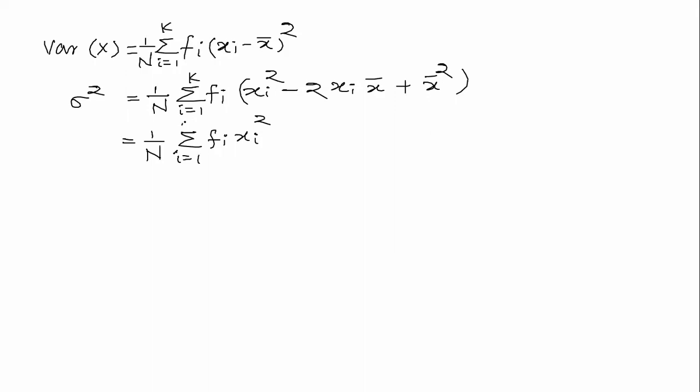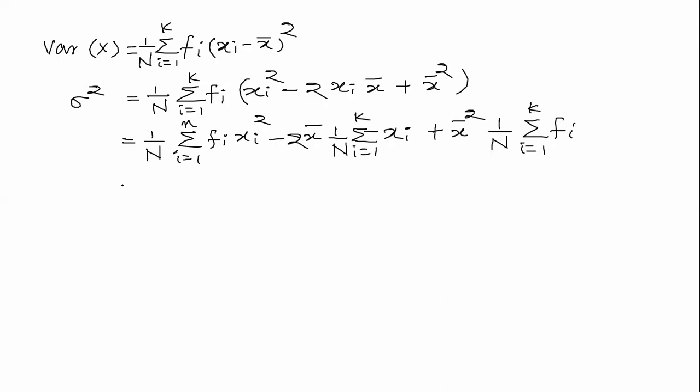This is the first term, minus 1 upon capital N summation i from 1 to k, 2 outside; xi cannot be taken outside as i is the running variable, but x bar is only one for a given data, plus 1 upon capital N summation of fi, i running from 1 to k, x bar square will be constant outside.